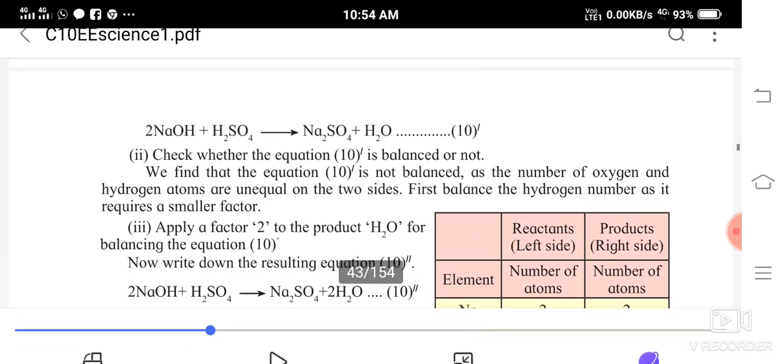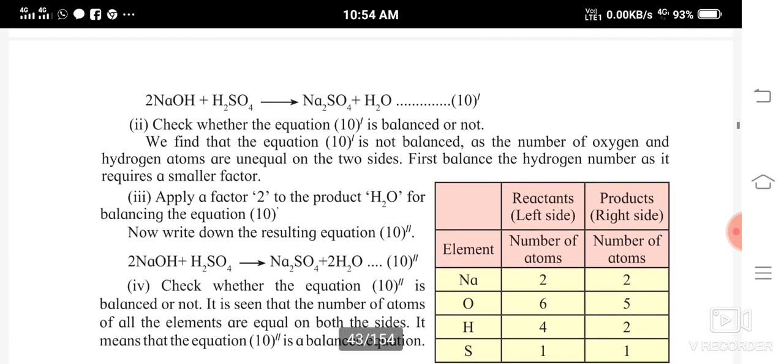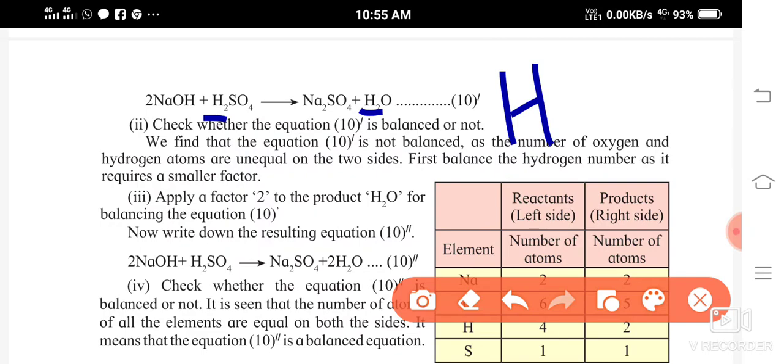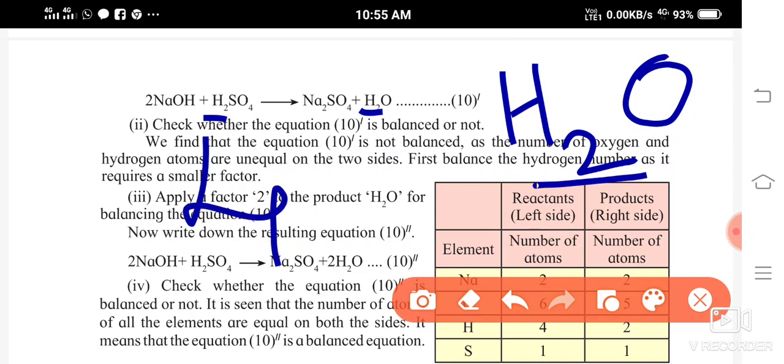Now you can see here hydrogen is not balanced, isn't it? So let us balance this hydrogen first. Now you know 2 atoms of hydrogen this side and 2 atoms of hydrogen this side. Now here how many hydrogens are there? H2O, only 2 are there, but how much do you have to make? 4, right?